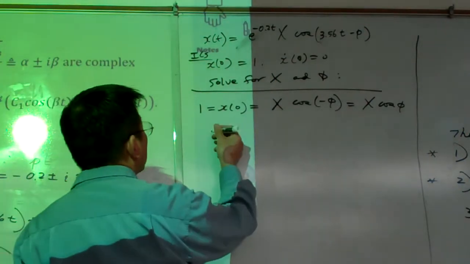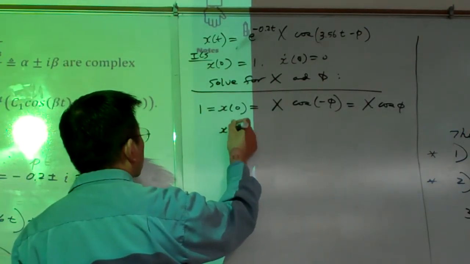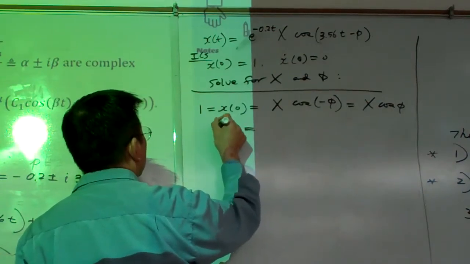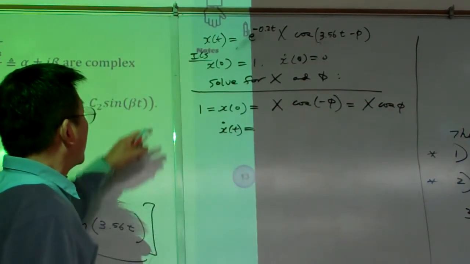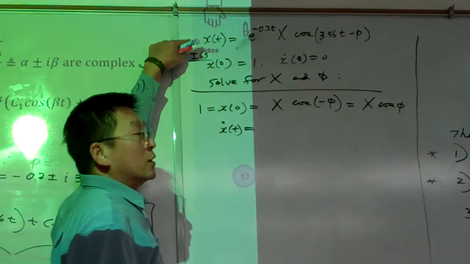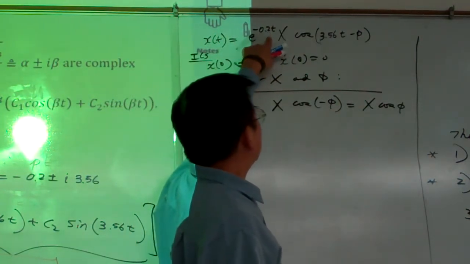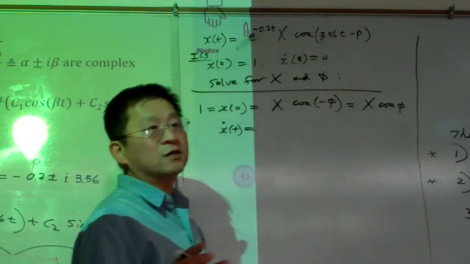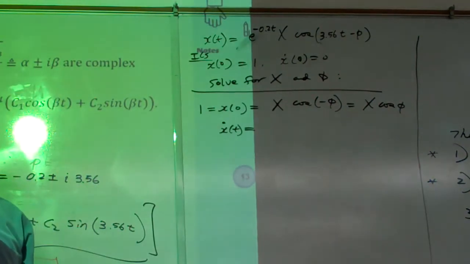And here we're going to do a little bit of calculation. X dot, based upon this one, we have two terms in t here, so we're going to take the derivative term by term.